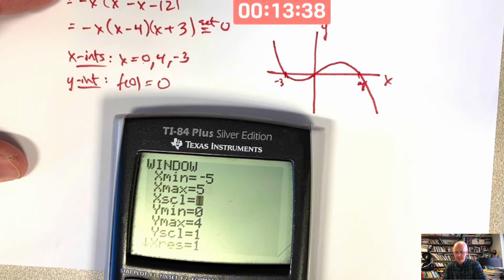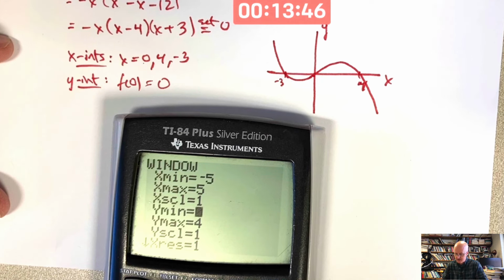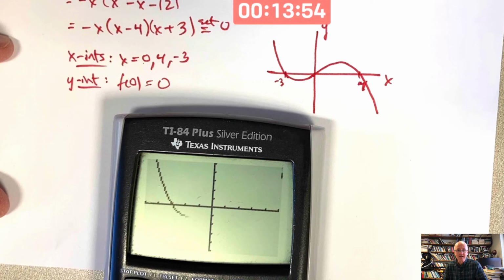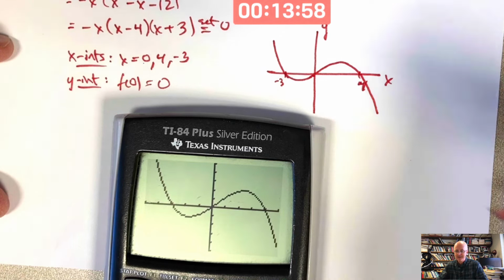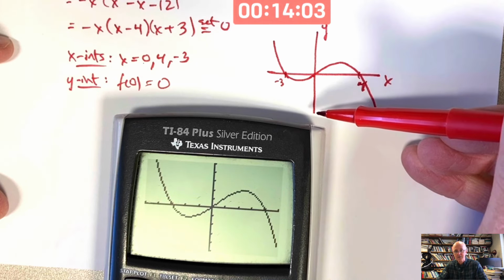What typically happens with polynomials like this, especially when they have a high degree, is they go up and down pretty rapidly. I'd probably want my y scale to be fairly large, maybe negative 50 to 50 as an initial guess, with my tick marks 10 units apart. Let's see what we see. There we go. It doesn't look too different from the graph that I drew on here. So effectively, this spot right about here would be about 50, and this spot right here would be about negative 50.